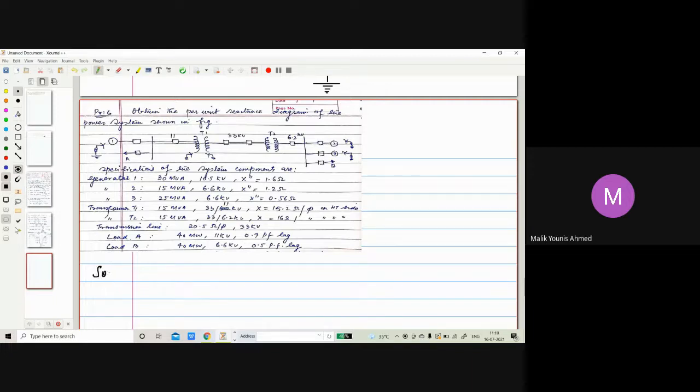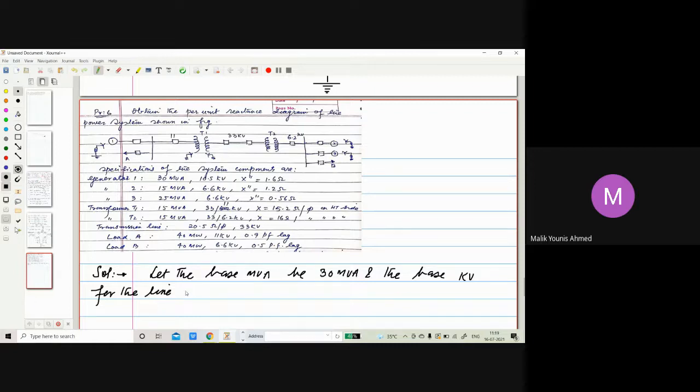Okay, solution of this one, numerical number 2, which we are doing today. Let the base MVA be 30 MVA and the base kV for the line be 33 kV.